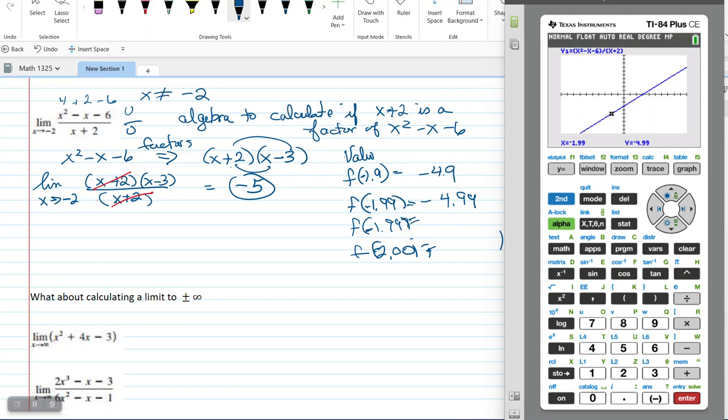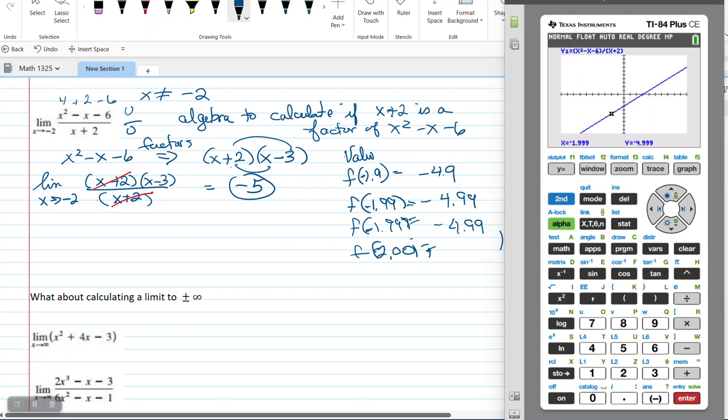And a negative 1.999, and I get negative 4.999.